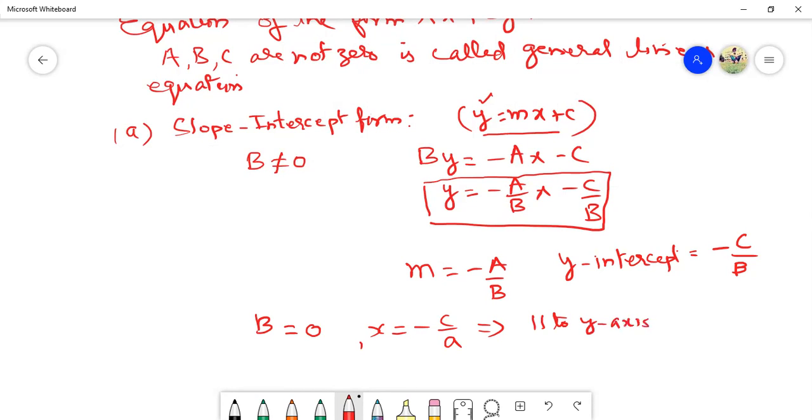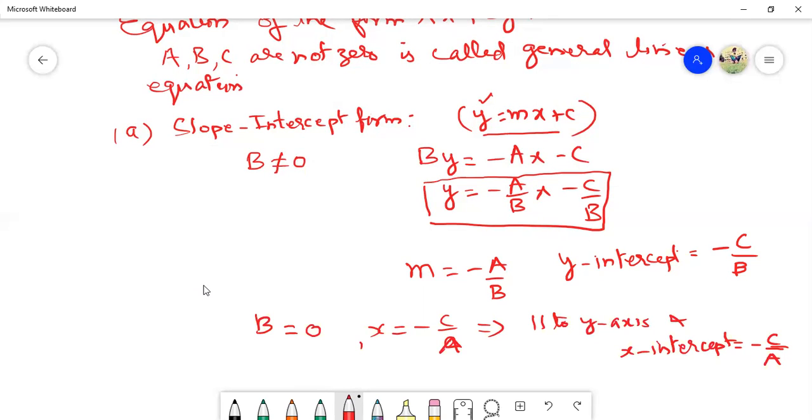And when it is parallel to the y axis, it will cut the x intercept, not the y intercept. So its x intercept will be equal to -C/A. So in this way, we can reduce any general equation into slope intercept form.